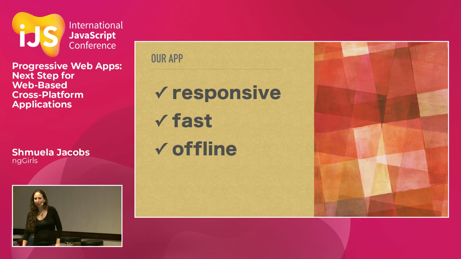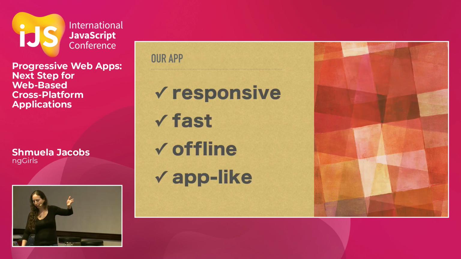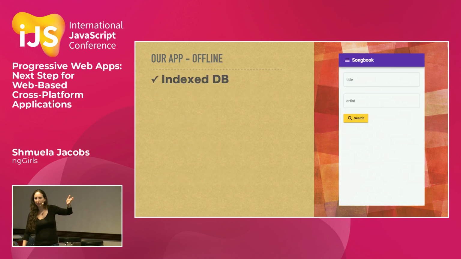We want to make our app work offline. So for this, I used IndexedDB to store the list of songs that we have, and I'm using a library called Dexie, which is a really simple library for simple usages of IndexedDB.